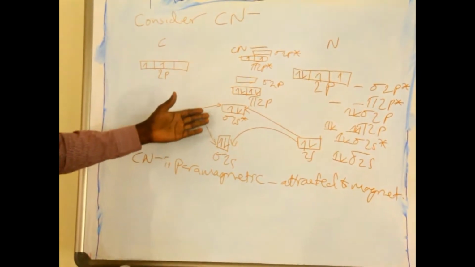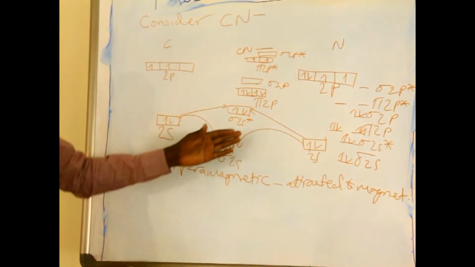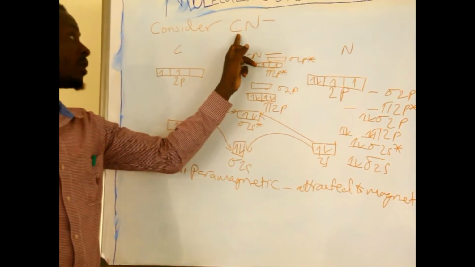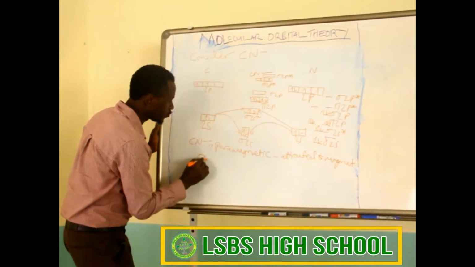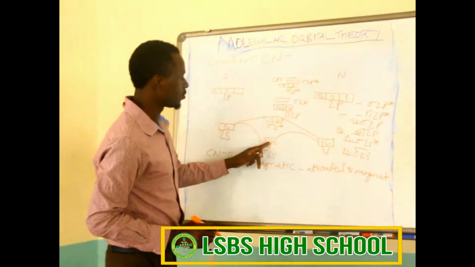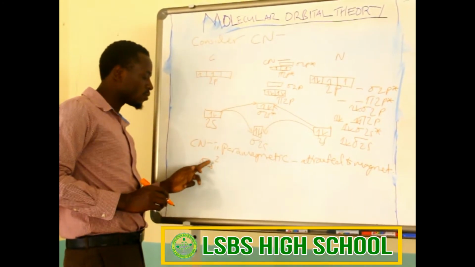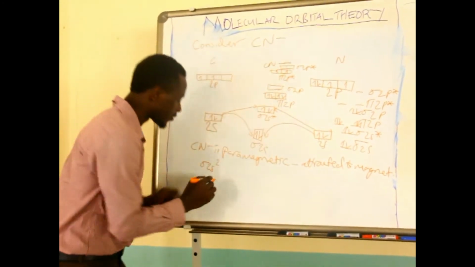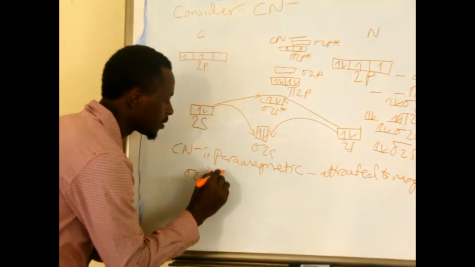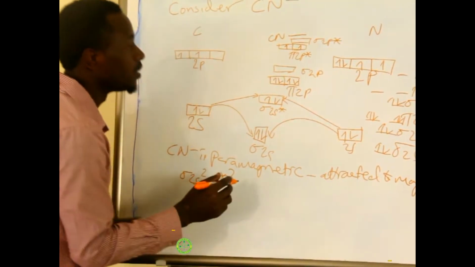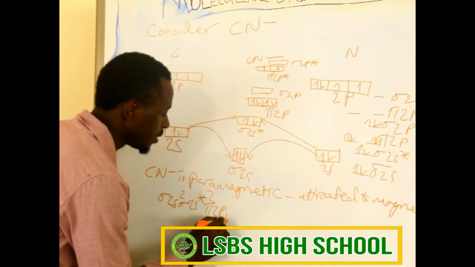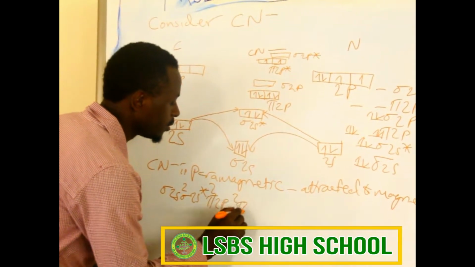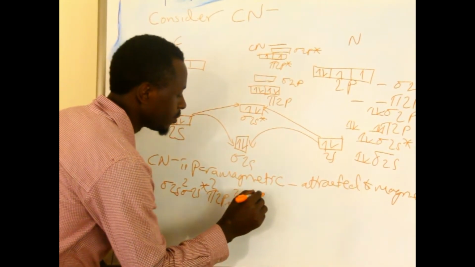Therefore, through this, we can write the electronic configuration of the cyanide ion. The electronic configuration is written by using sigma 2s. Electrons are 2, so sigma 2s2. Sigma 2s star 2. Then we have pi 2p x2, pi 2p y2.